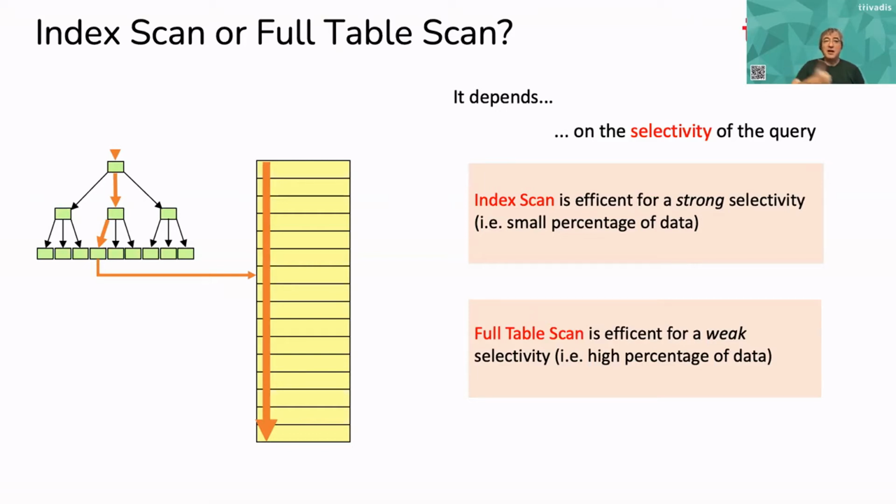Yeah, when does it switch? So at which percentage is a full table scan faster than an index scan? There are also several myths about where this percentage is.